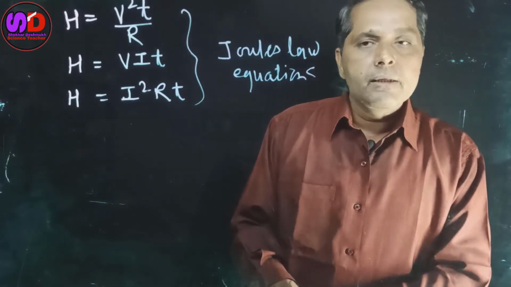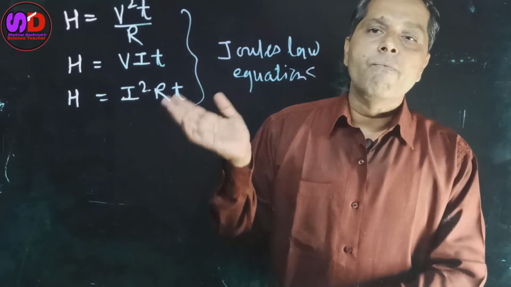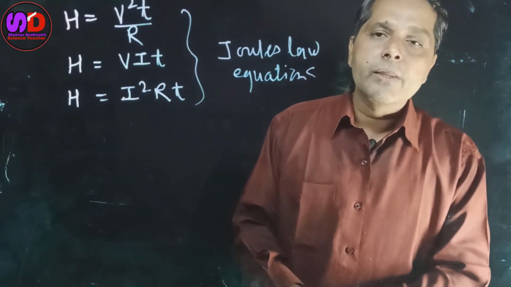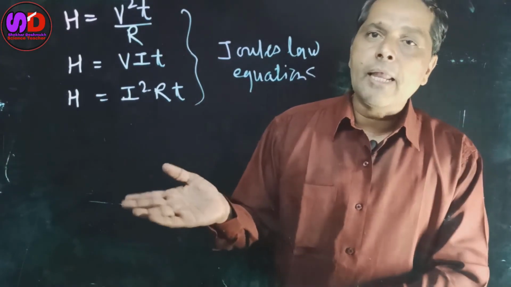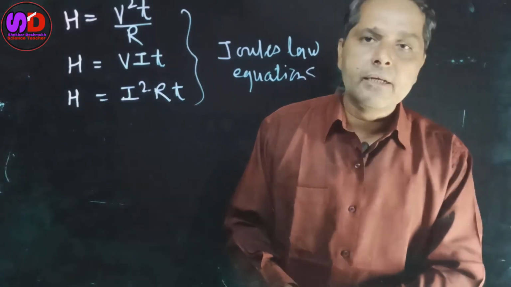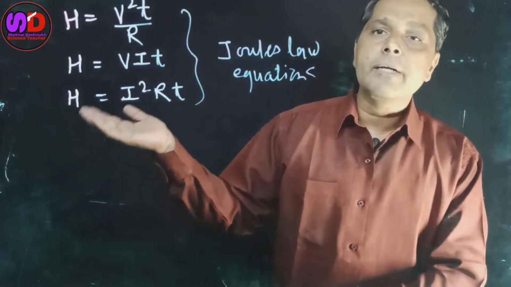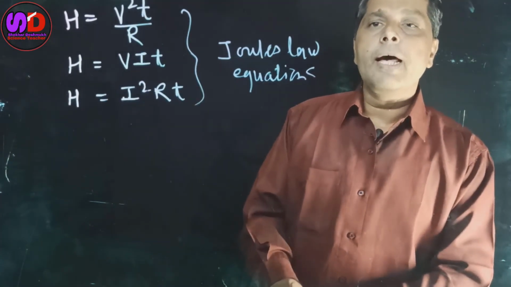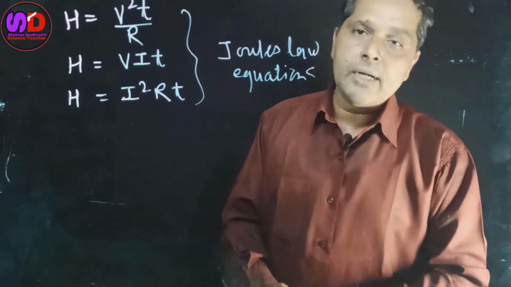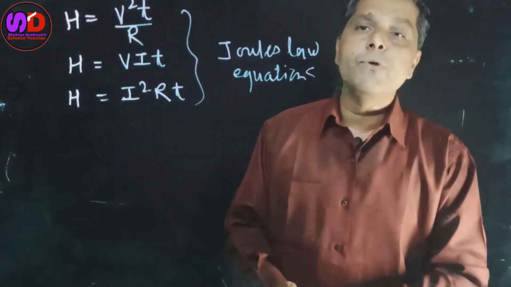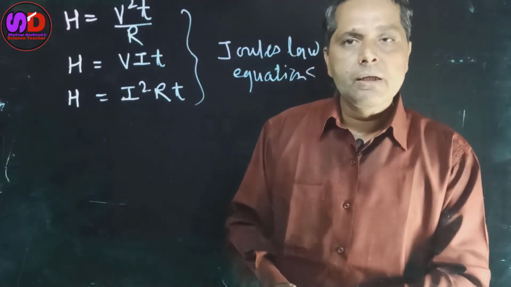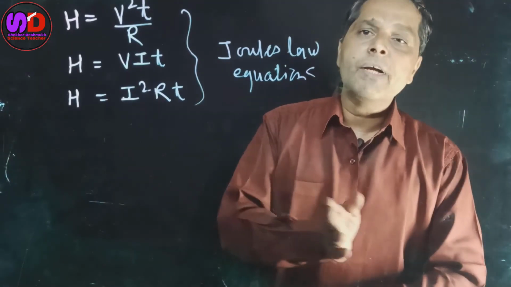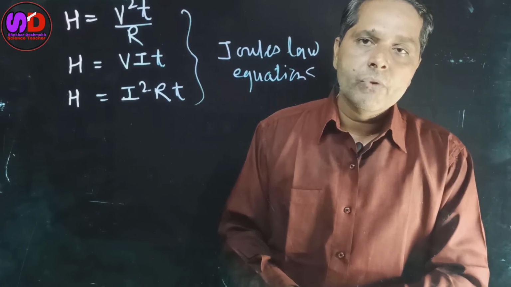Overloading means the same: if a very large amount of current is used in the circuit, then a large amount of current flows through the circuit, or a large amount of current is required from the transformer, then also very large heat is generated and the transformer burns. That means the fuse which is used there burns. So all these are nothing but the heating effect of electric current.